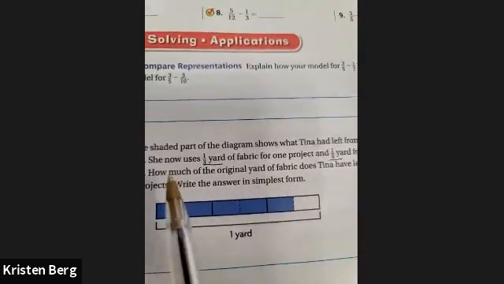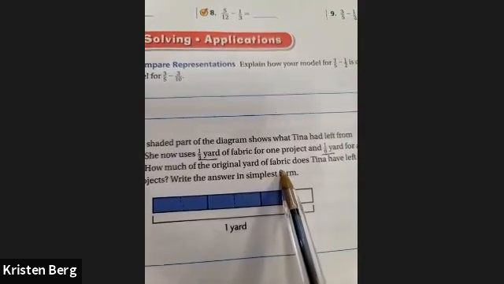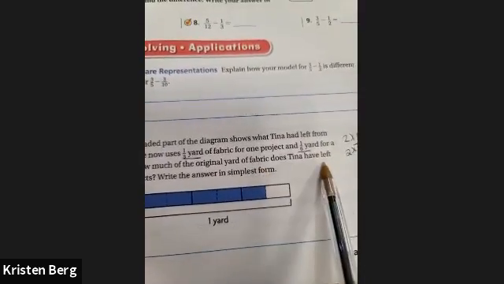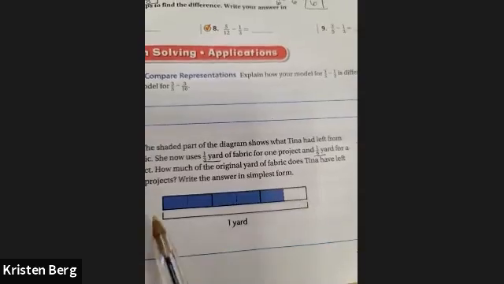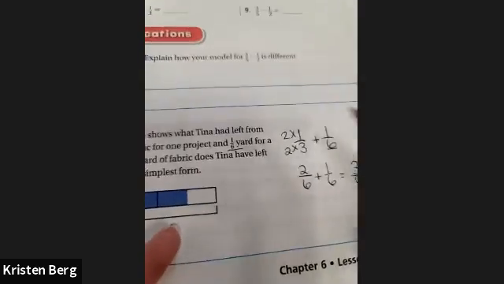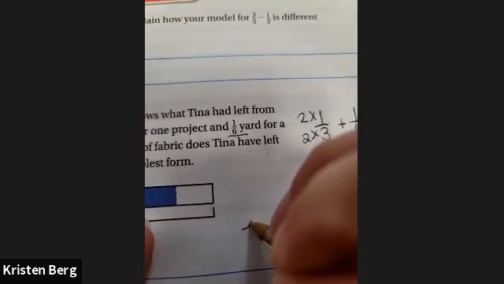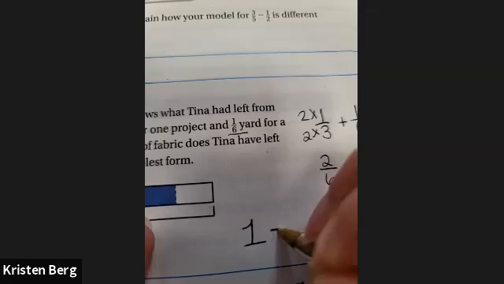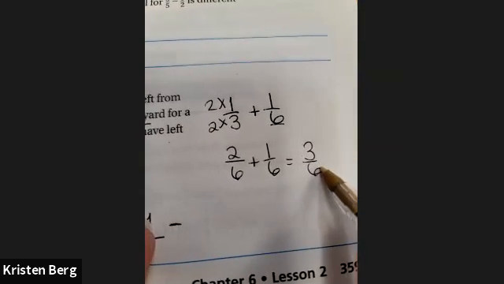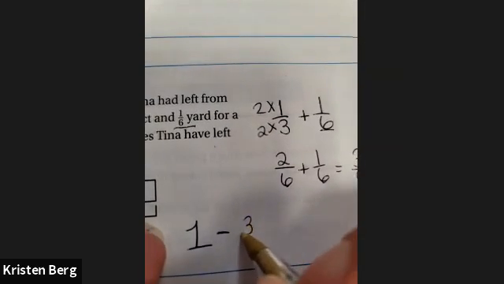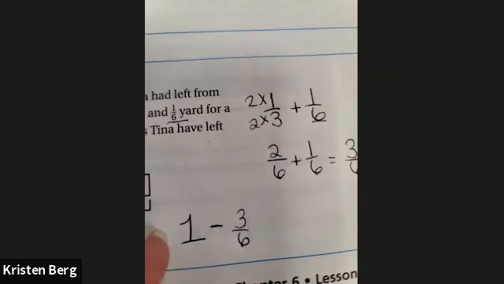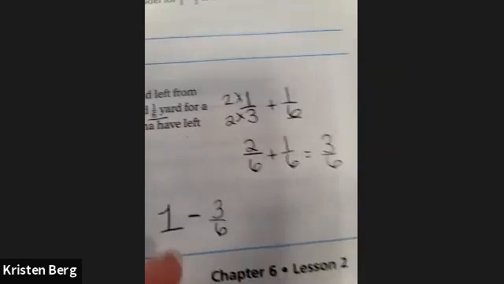The question is, how much of the original yard of fabric does Tina now have left? Well, if this is 1 yard, so 1 yard minus what was used, which is 3/6. All right, so here's the problem.